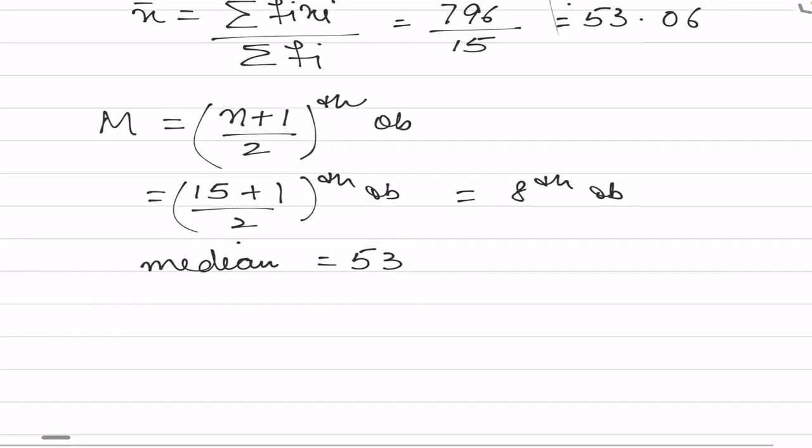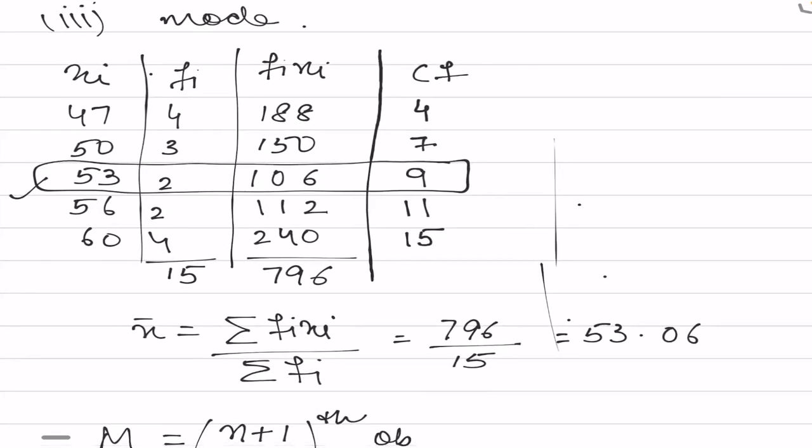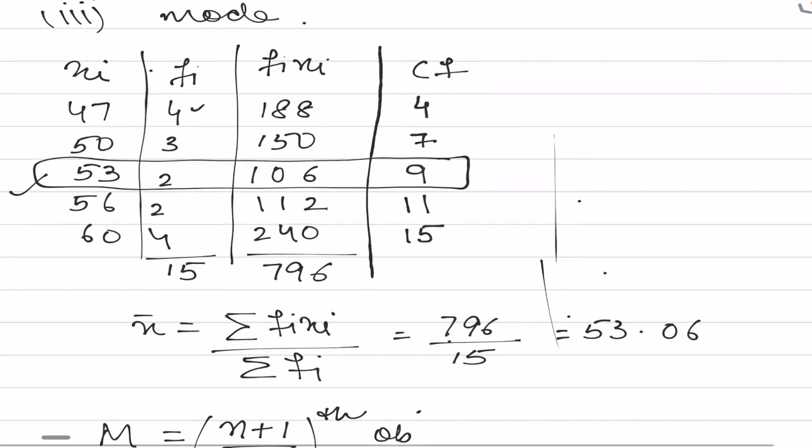So median is 53. And mode, as I told you, we have to see the highest frequency. The maximum frequency here is 4, which comes twice, 4 and 4, in the series.